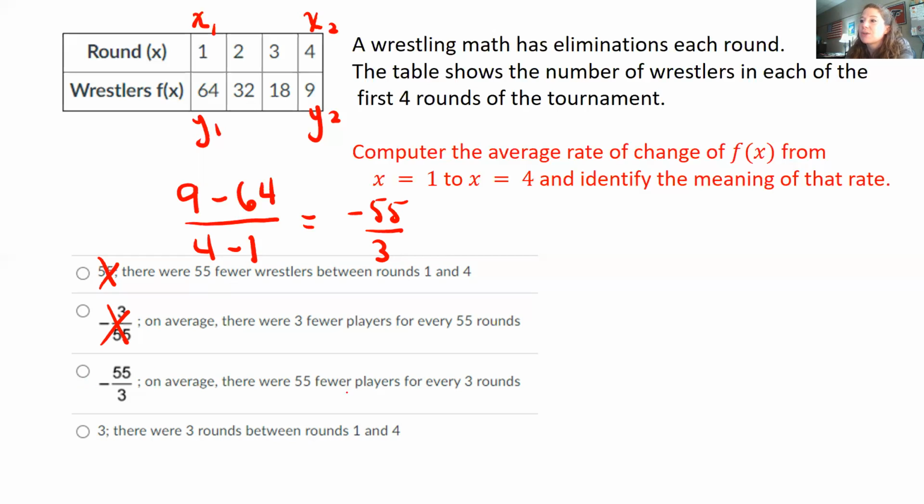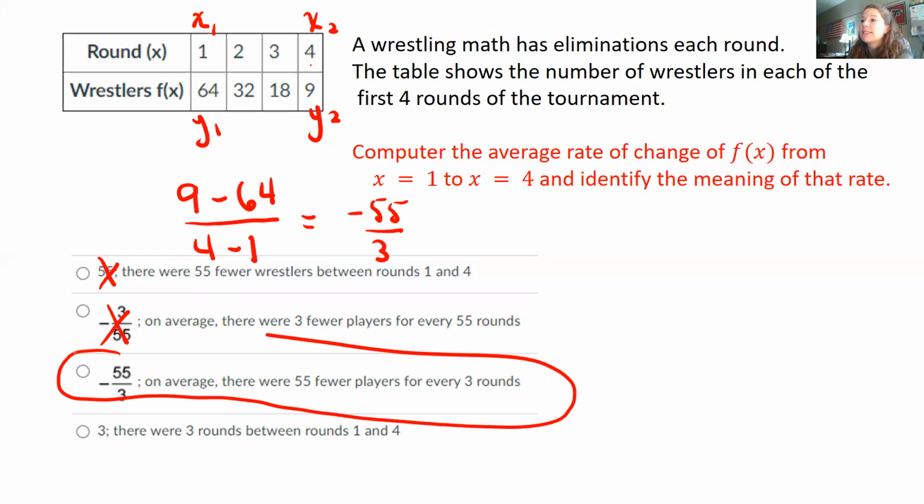So on average, there were 55 fewer players every 3 rounds, which makes sense. From round 1 to round 4, we decrease the number of wrestlers by 55, so that does make sense. And then the last choice, of course, is 3. So we know that cannot be the right answer. The rate of change is not 3.